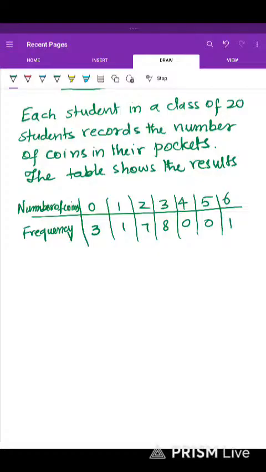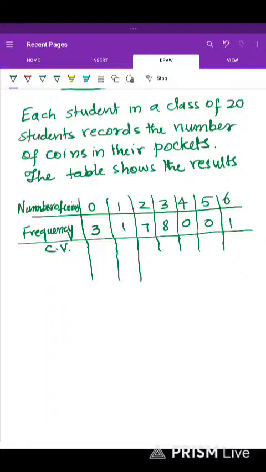After that, how are we going to handle it? This is a frequency table, and we can write cumulative frequency also, right?